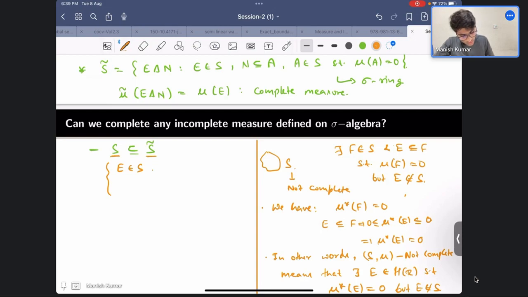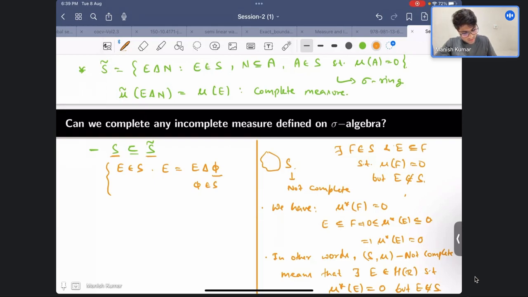Then you can write E as E symmetric difference with phi, right? Now this phi also belongs to S, because this is the collection of measurable sets, and phi is just the empty set and its measure is 0, so phi is always there.